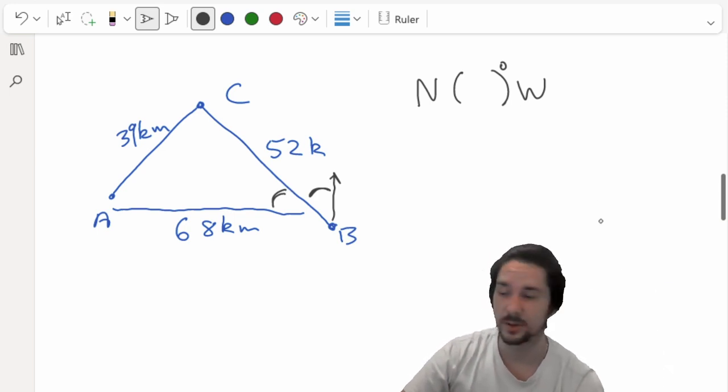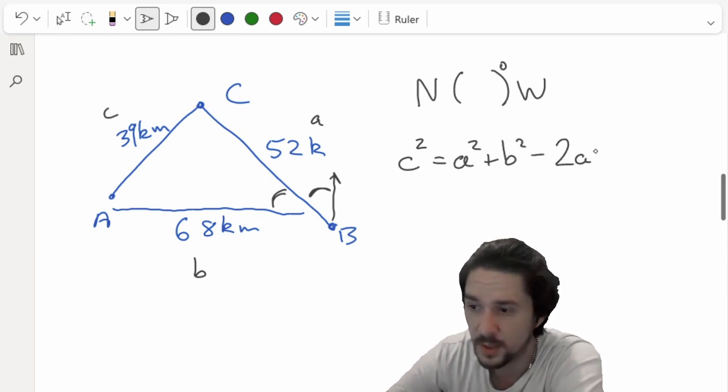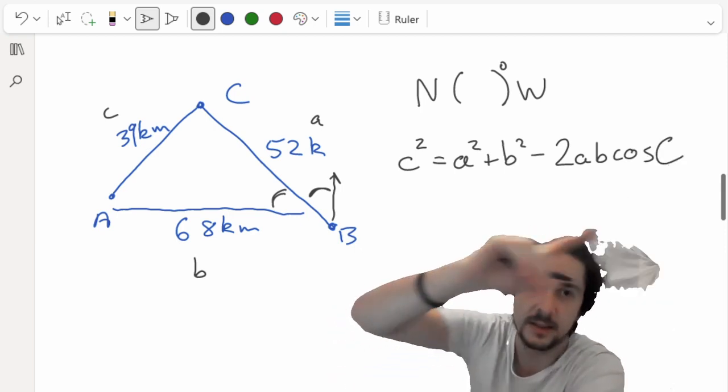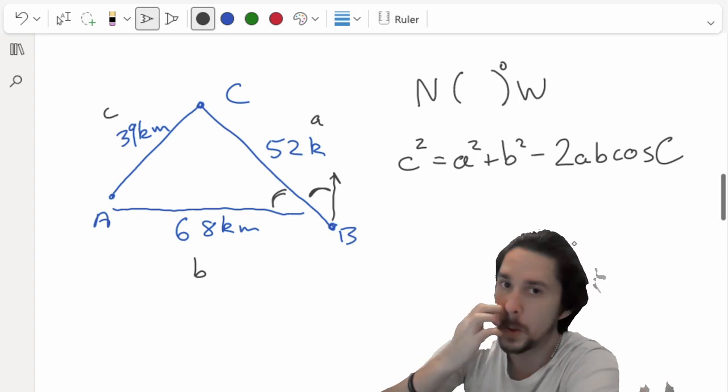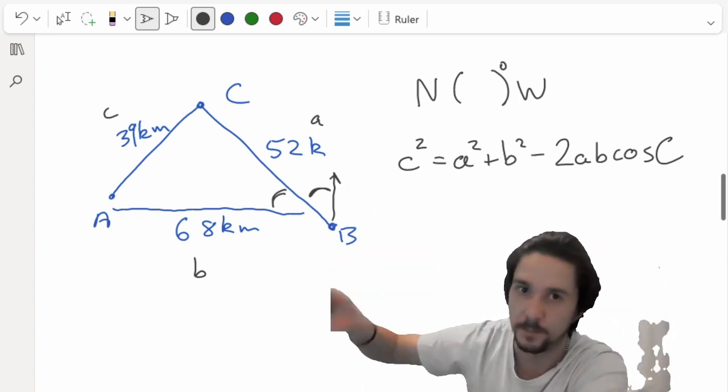So we're kind of stuck with the cosine rule. We'll always start with Pythagoras' theorem, c squared equals a squared plus b squared, and then we adjust it by minus 2ab cos C. So if big C is the angle inside the triangle, then little c will be the opposite side, and then a and b are the other two sides, right?